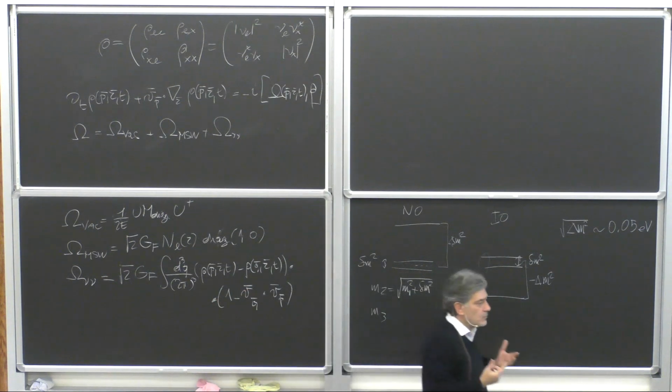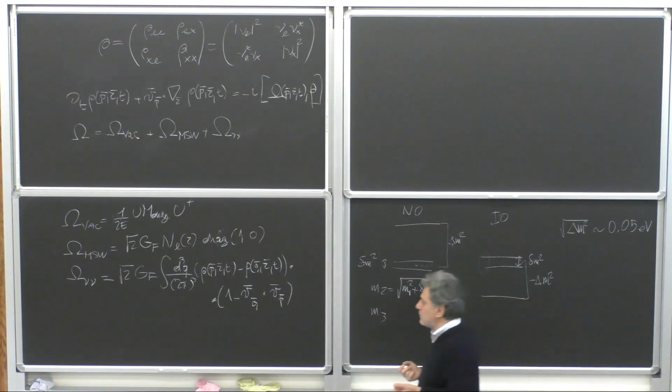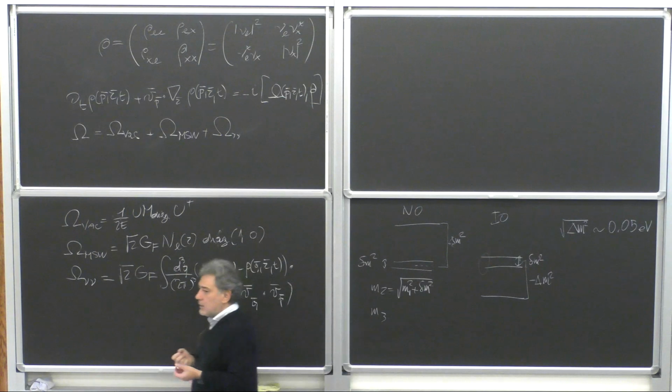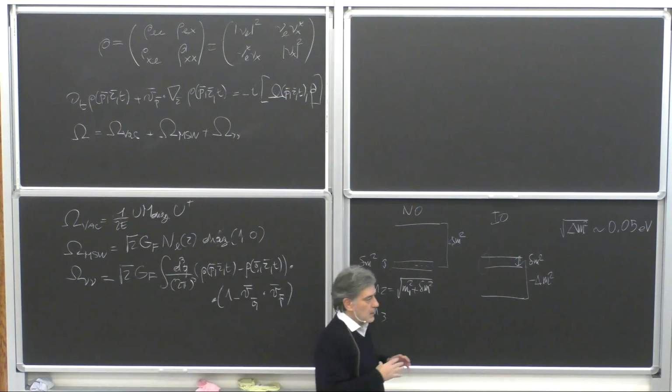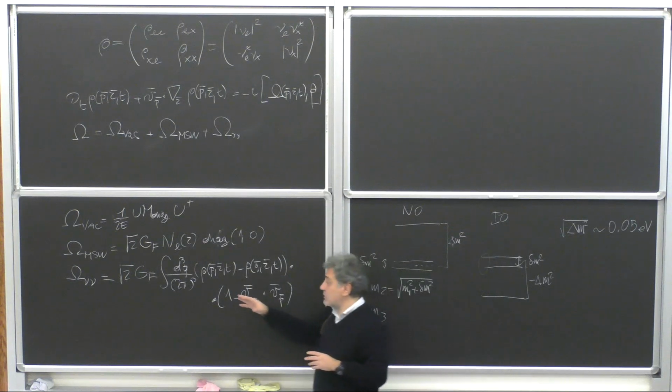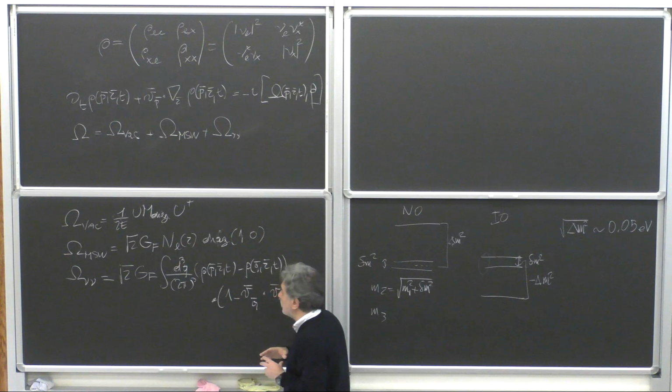Typically you have to solve thousands of differential equations to solve this problem. What is happening is that there are neutrino-neutrino interactions, since the density is so high.